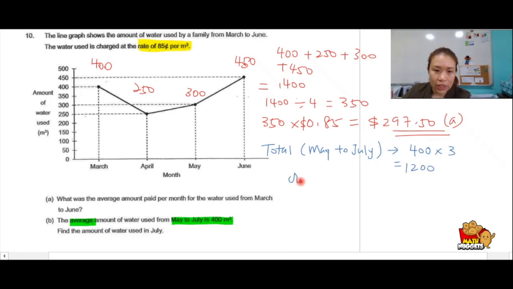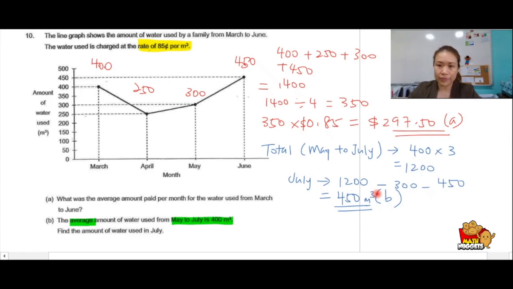So in order to find July, we will take the total from May to July minus May minus June. 450. That's the answer for part B. 450 cubic meters.